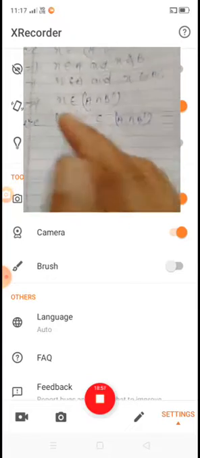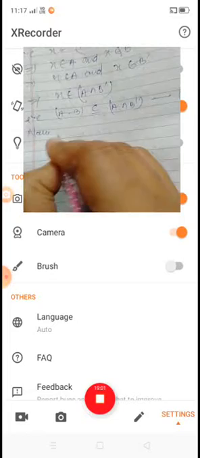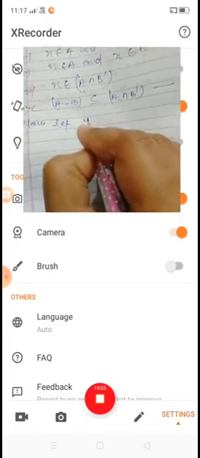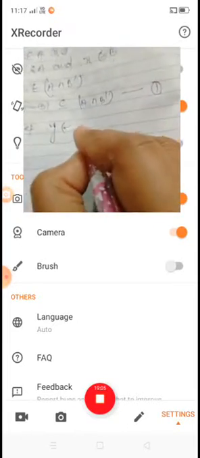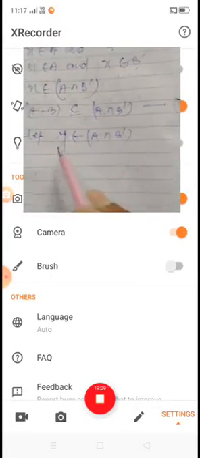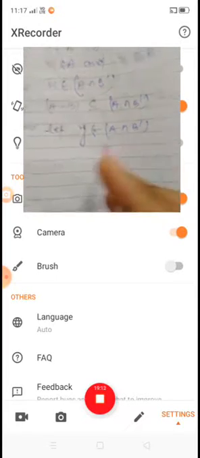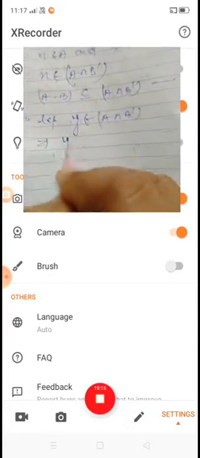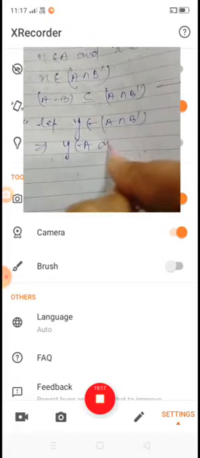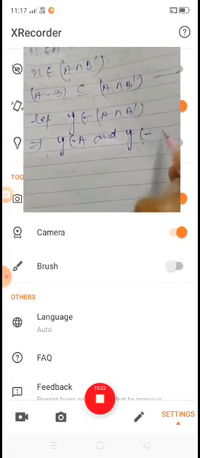Similarly, let y belong to A intersection B dash. Then this implies that y belongs to A and y belongs to B dash.